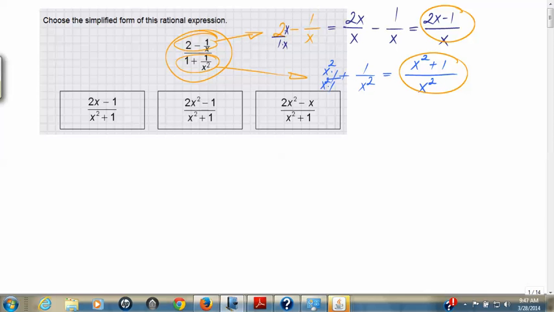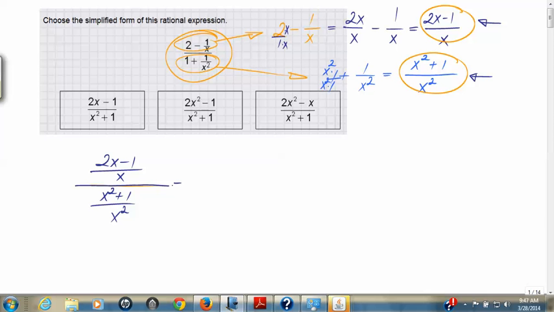So let's rewrite that fraction by using our new numerator and denominator. Your fraction becomes 2x minus 1 over x, everything over x squared plus 1 over x squared.